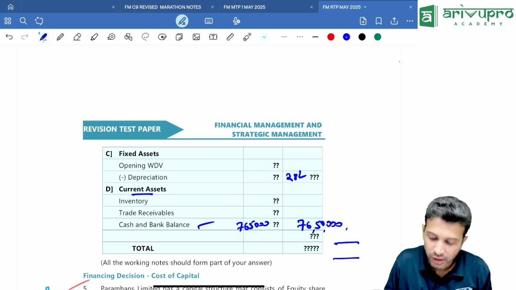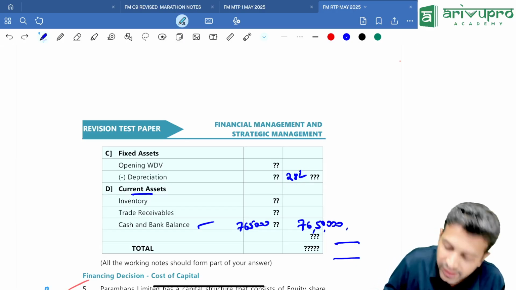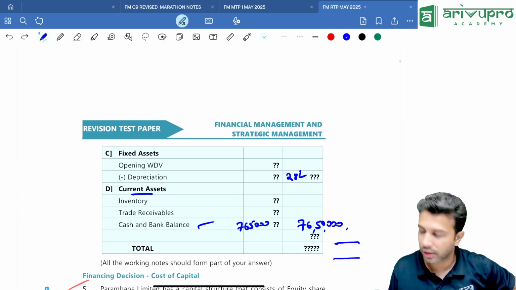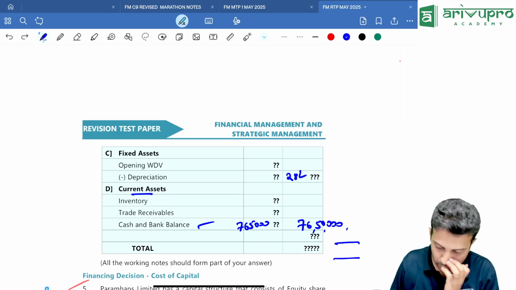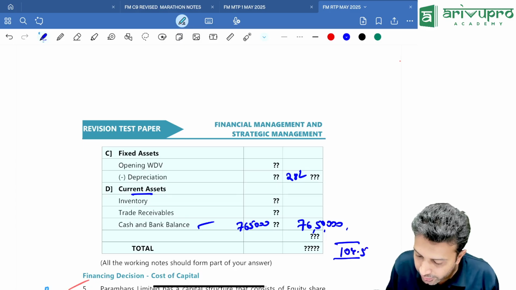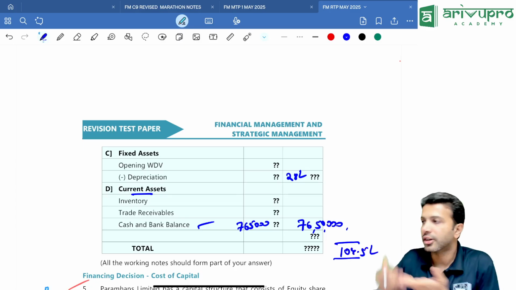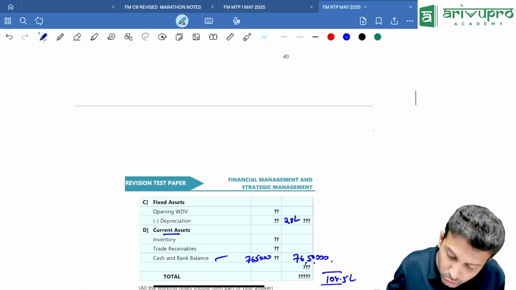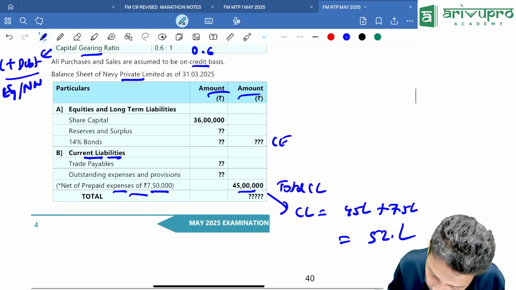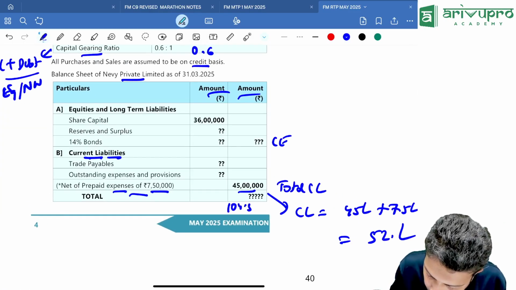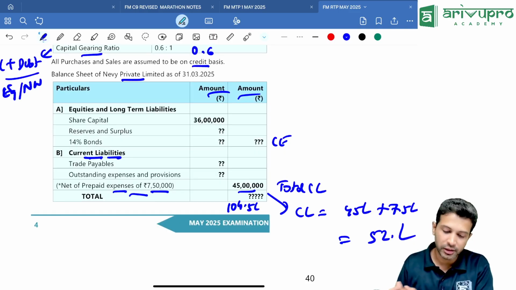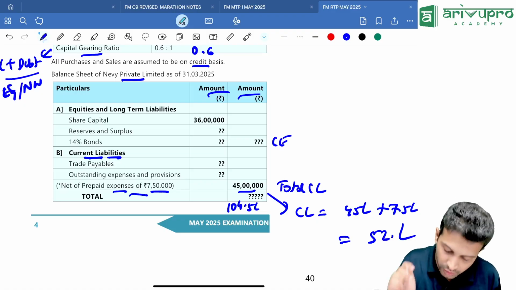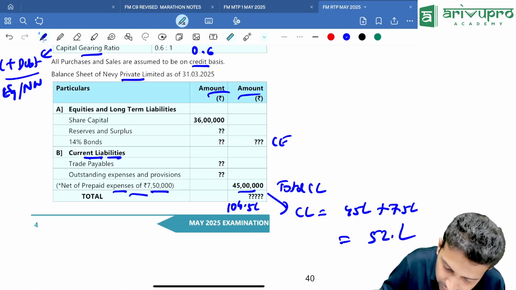Sir, the fixed assets closing balance is 28 lakh. The current assets total is 76,50,000. What is the total? These two you add, and you get 104.5 lakhs. If the total asset is 104.5 lakh, the total liability will also be 104.5 lakh rupees.